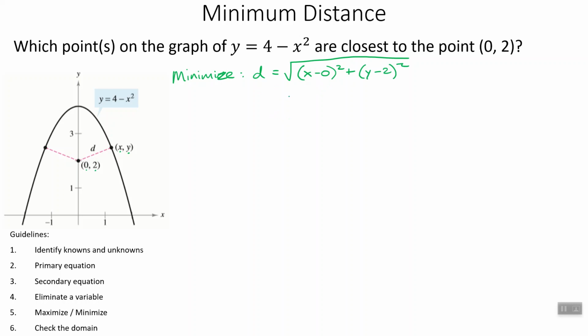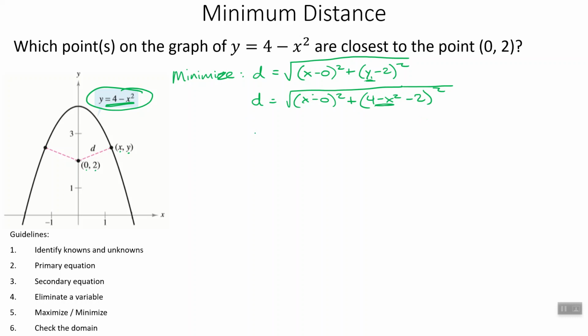Next, we need a secondary equation. There it is right there. That relates x and y. So I can now plug in right here and say, okay, well, distance equals the square root of x minus 0 squared, and I guess we can still write minus 0 if we want, plus, and now instead of writing y, I'm going to write 4 minus x squared, minus 2 squared. I have plugged in this function for y right there.